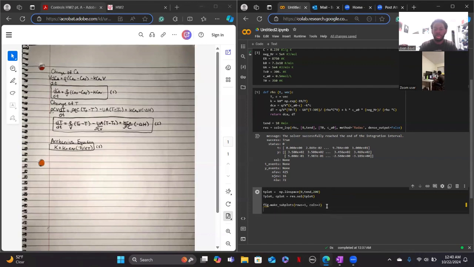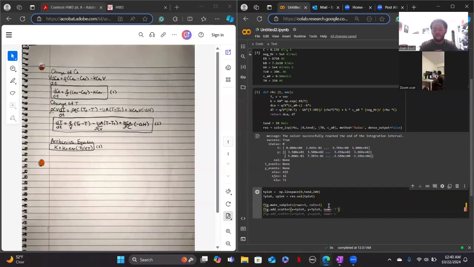All right. And then fig dot add scatter and x is equal to t plot. Y is equal to temperature plot.